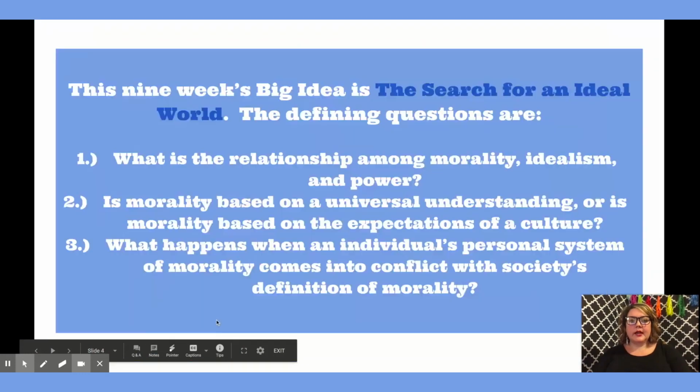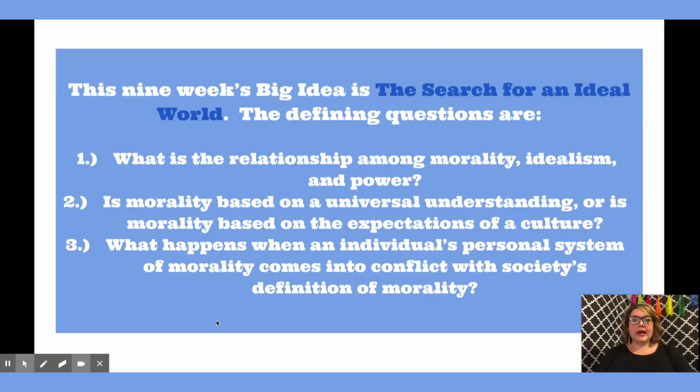So let's look at the big questions and the big idea that are going to guide us for the third 9 weeks. So within this 9 weeks, the big idea is the search for an ideal world, like I've said, and the defining questions are: what is the relationship among morality, idealism, and power? Is morality based on a universal understanding, or is morality based on the expectations of a culture? What happens when an individual's personal system of morality comes into conflict with society's definition of morality?